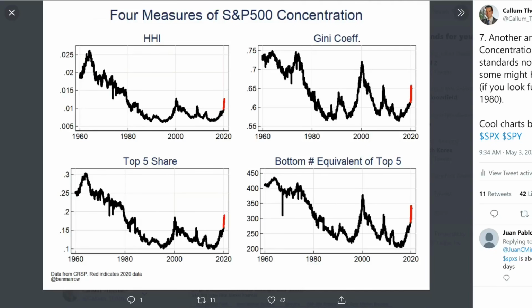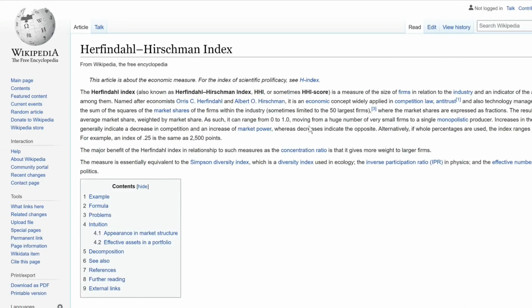The HHI, Herfindahl-Hirschman Index, which again is a measure of competition or concentration. It's typically used in determining whether or not an industry has been taken over by a monopoly or monopolies kind of thing.